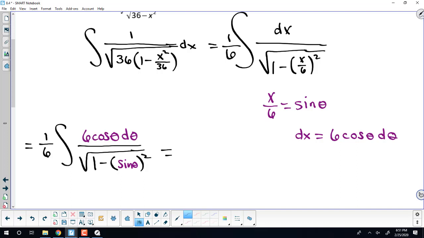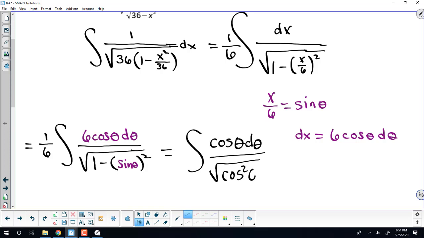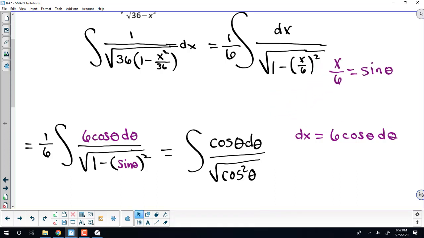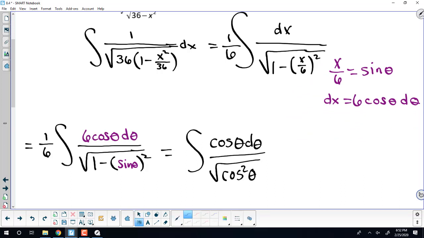So the 6 and the 1/6, those are gone. We have the antiderivative of cosine theta over the square root of cosine squared. So we have cosine over cosine.